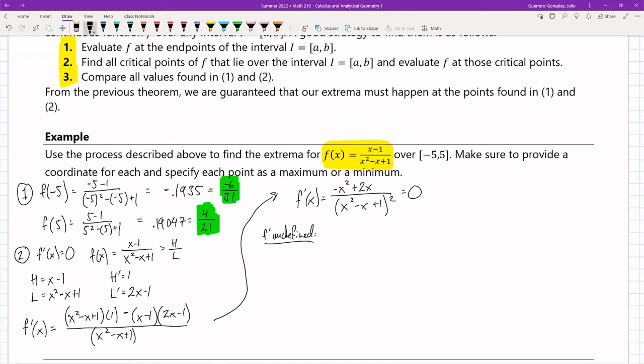This would be undefined if the bottom is equal to 0, so x squared minus x plus 1 equals 0. The only way we can do this is by quadratic equation. So minus b, minus 1, plus or minus the square root of b squared minus 4ac, 1 times 1, all over 2a, which is times 1.